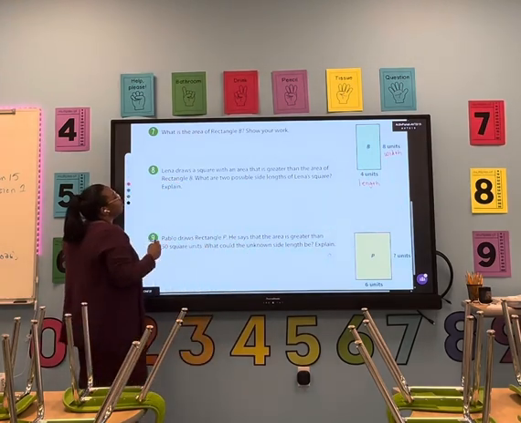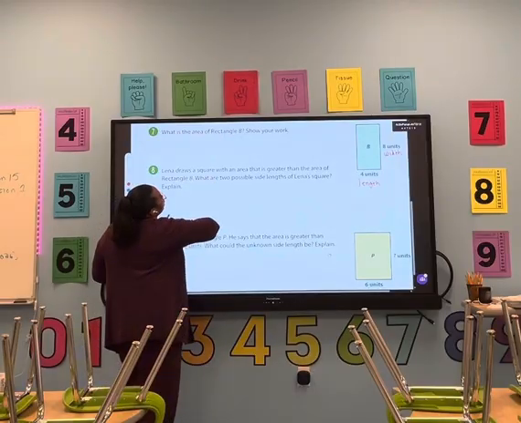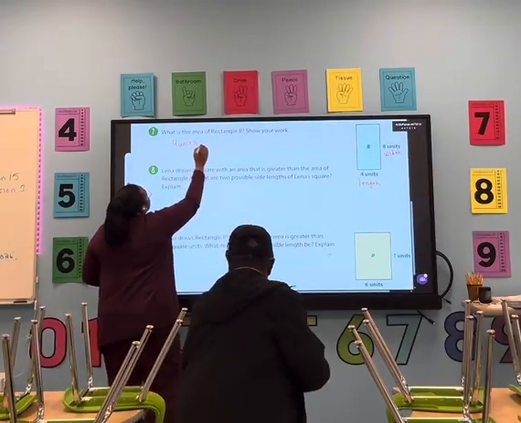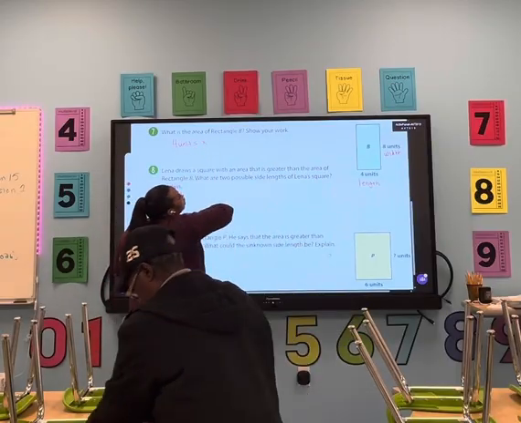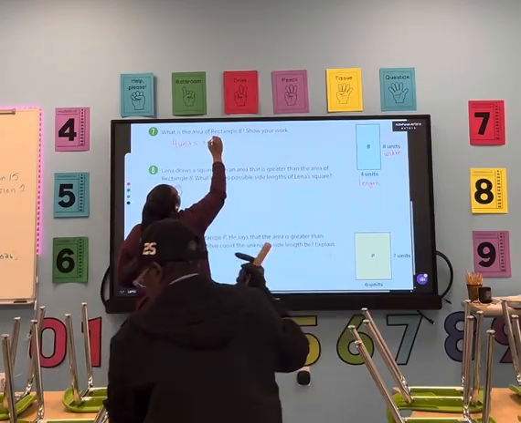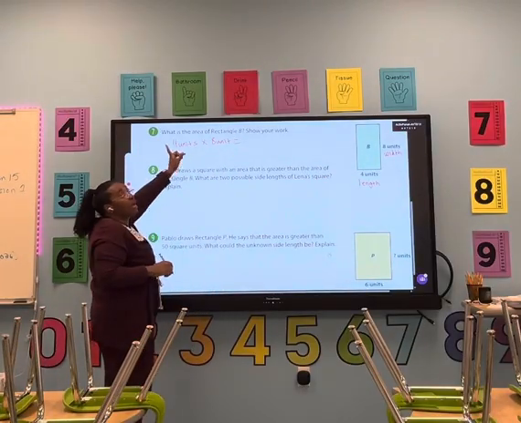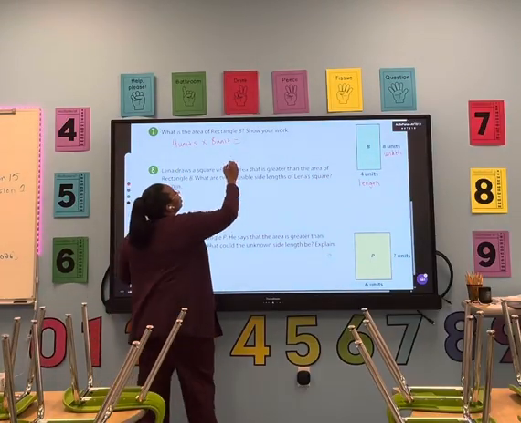So let's go ahead and do that. The length is 4 units. I'm going to write 4 units, and you make sure you write your units, times the width, which is 8 units. And when I go ahead and multiply that, 4 times 8 is going to give me an answer of 32.